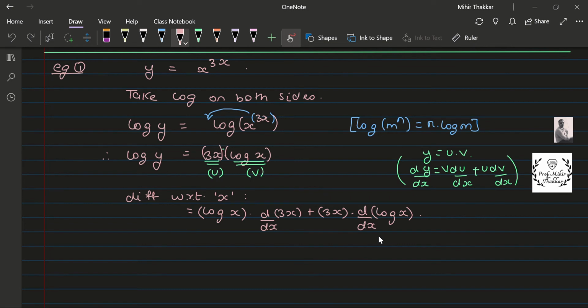What is the derivative of log y? We consider the derivative of log y similar to log x. You all know that derivative of log x is 1 by x. So derivative of log y is 1 by y. But whenever we are taking the derivative with respect to x, we have to multiply this with dy by dx. Always remember, whenever you are taking the derivative of log y, it has to be 1 by y into dy by dx.